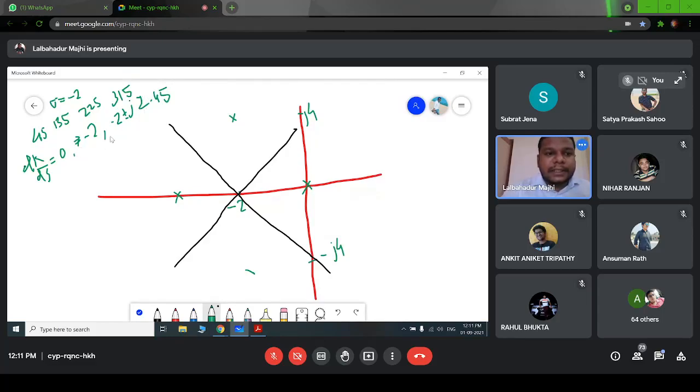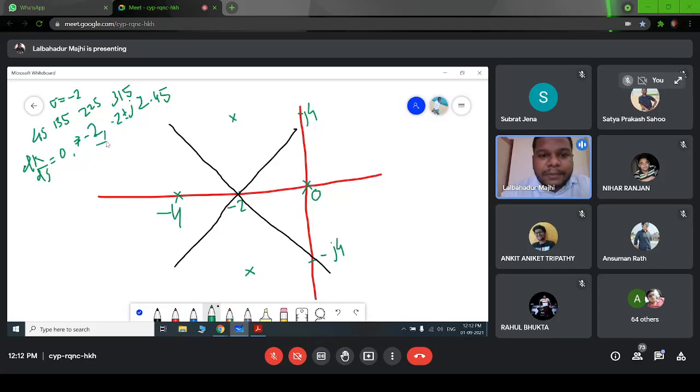We have to check which point will be the breakaway point. And we know the breakaway point will exist between two adjacent poles. So first let's see the real axis. Between these two poles, 0 to minus 4, this path will lie on the root locus because towards its right there is only one pole.